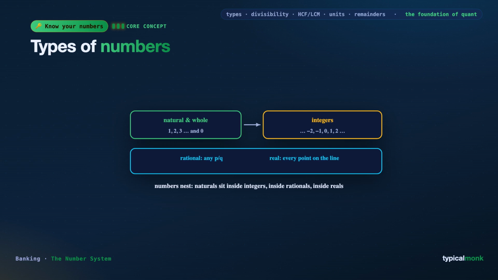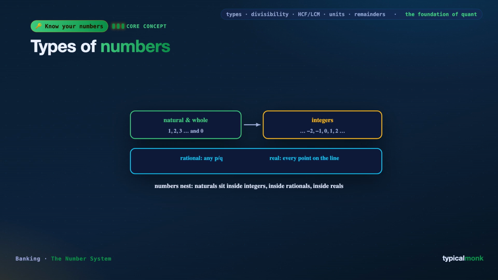The key picture to carry away is that these families nest inside one another like boxes within boxes. The naturals sit inside the integers, which sit inside the rationals, which sit inside the reals. Knowing which family a number belongs to, and that they nest this way, is the vocabulary the rest of quant assumes you already have.